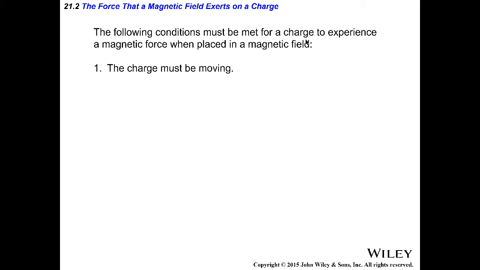Well, there are certain conditions, and they are very important conditions. If the charge is not moving, there is no force. You can have a very strong, intensive magnetic field, but I have zero velocity. I have no force on me. I have to be moving in order for me to feel a force.